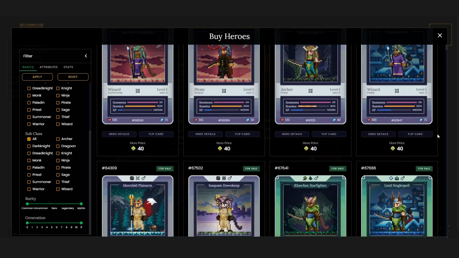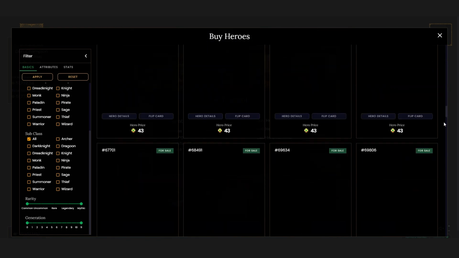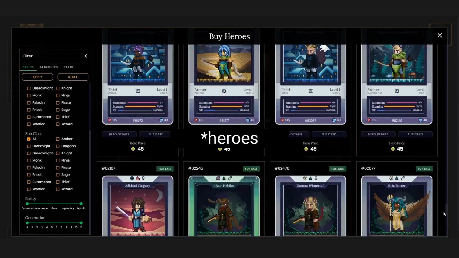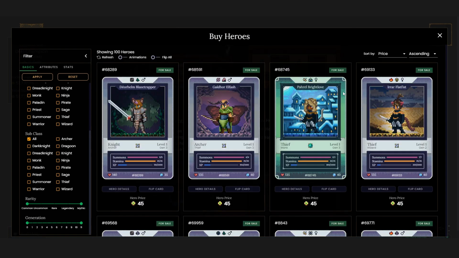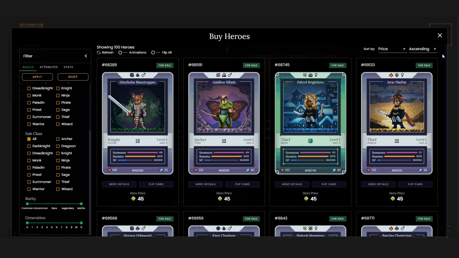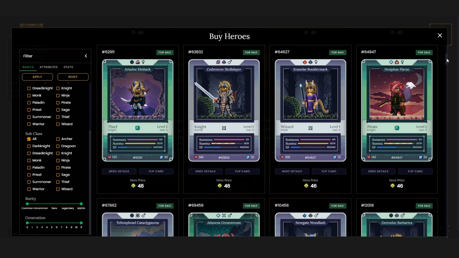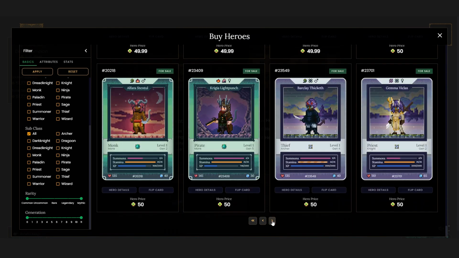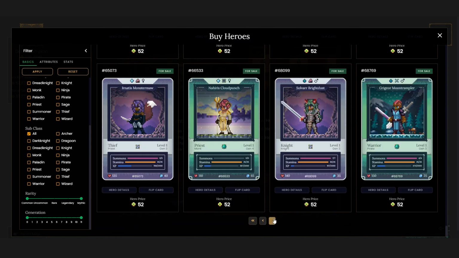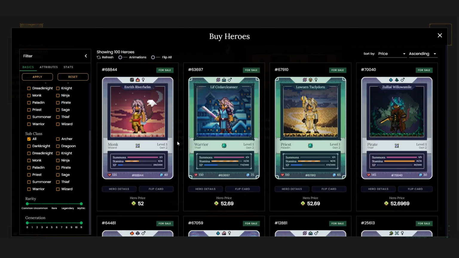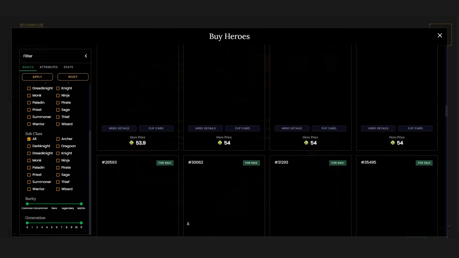And if we scroll down to where the knights are priced higher, let's go to the next page. You can see on the whole, we have a higher number of summons, 542. And if we scroll even more pages further down the line, you can see the number of summons tend to go up.